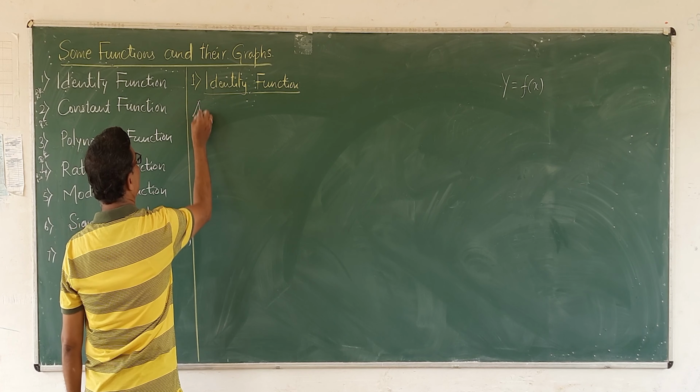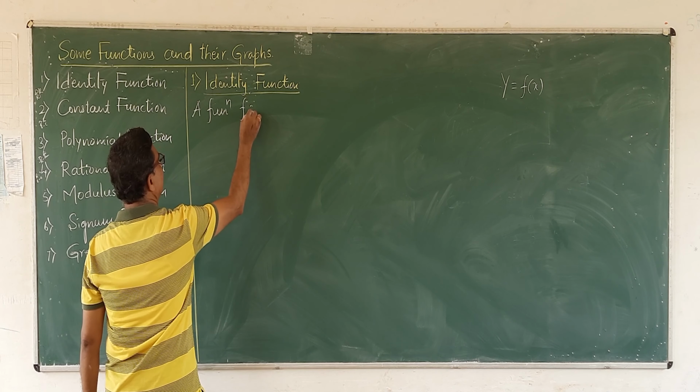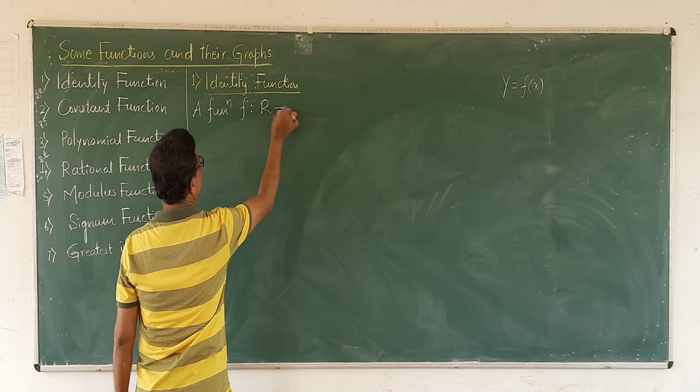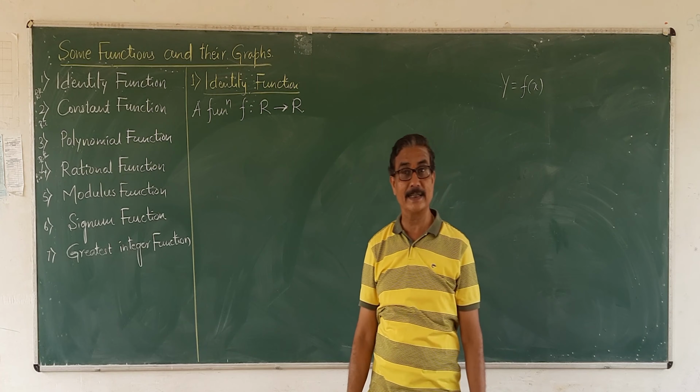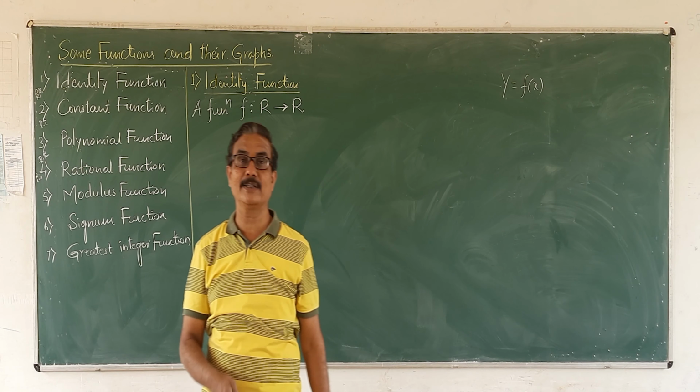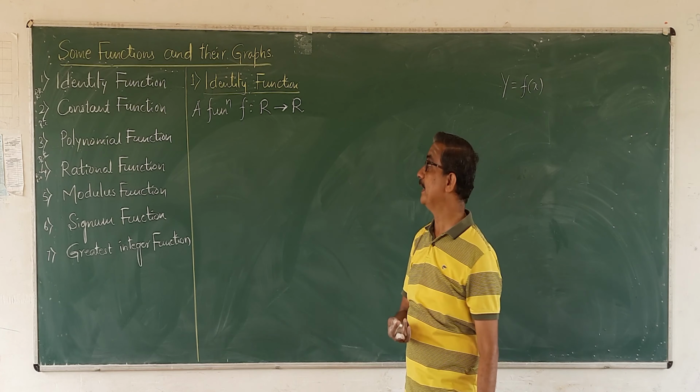Look here, a function f from, instead of A and B sets, by taking R to R. R stands for what? Real numbers. N stands for natural numbers. Q stands for rational number. Q dash stands for irrational number. C stands for complex number, isn't it? R stands for real number.